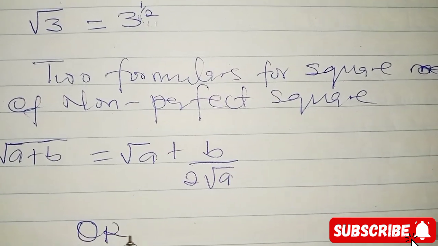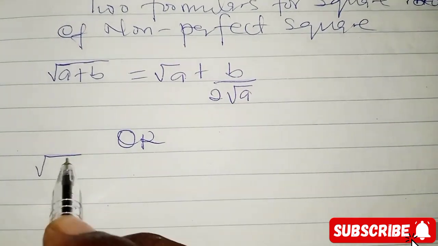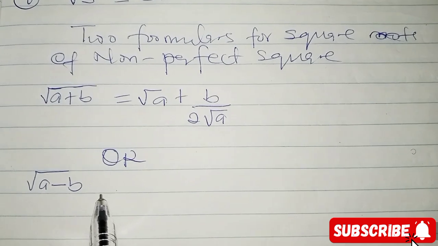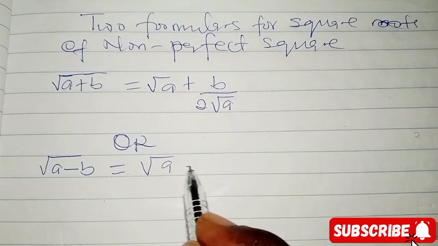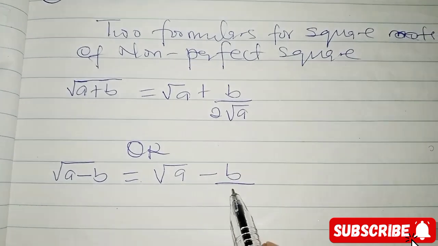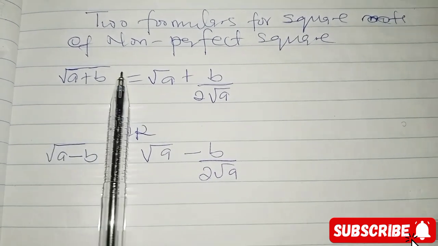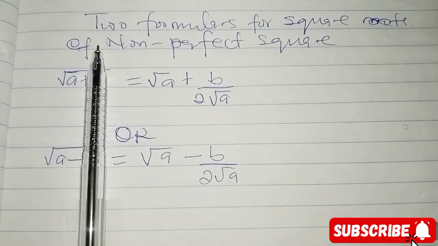The second one, you can say square root of (a minus b) is equal to (square root of a minus b) all over 2 square root of a. So if you take note, these are the formulas for square root of non-perfect square.